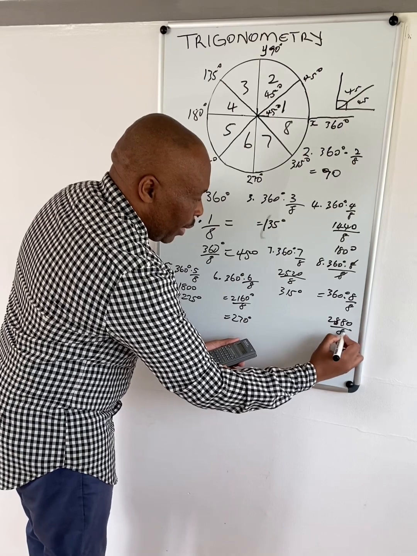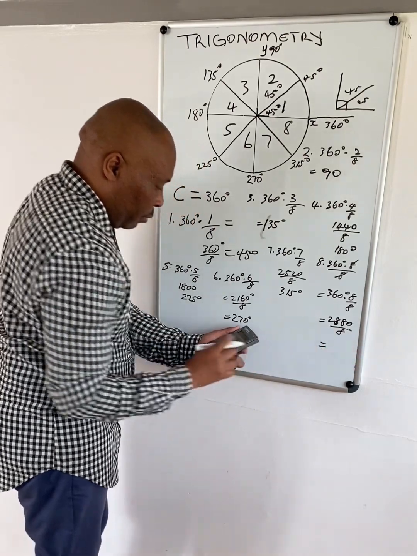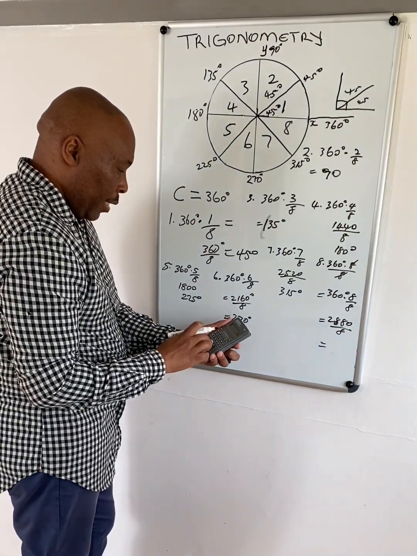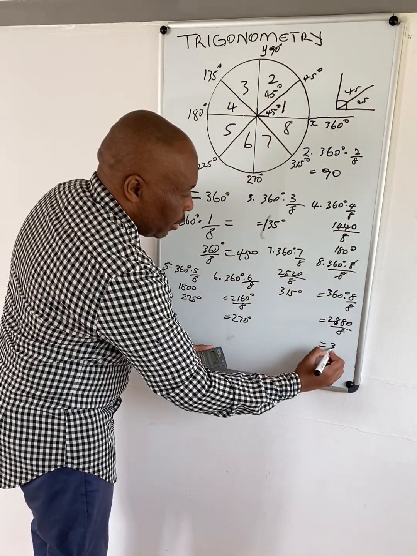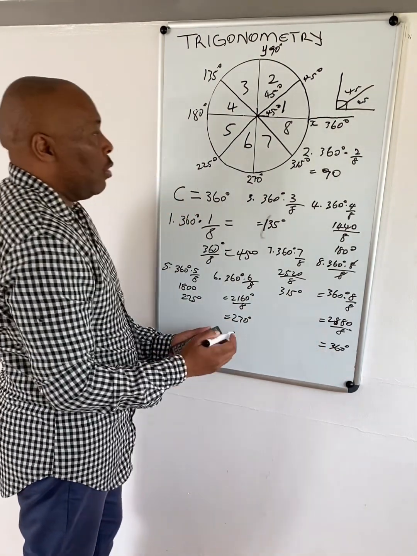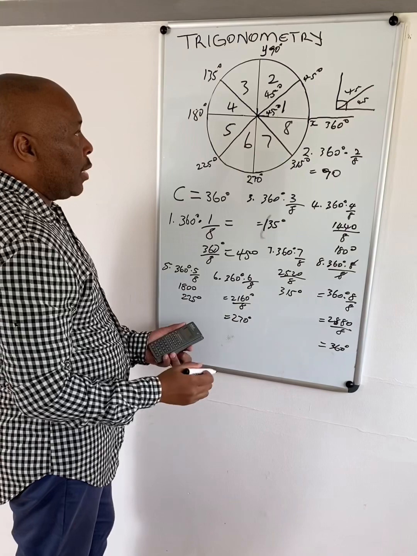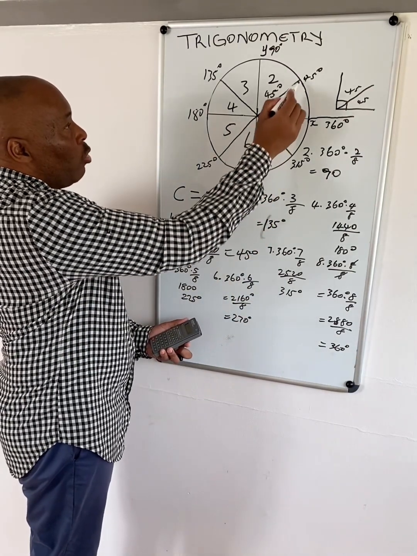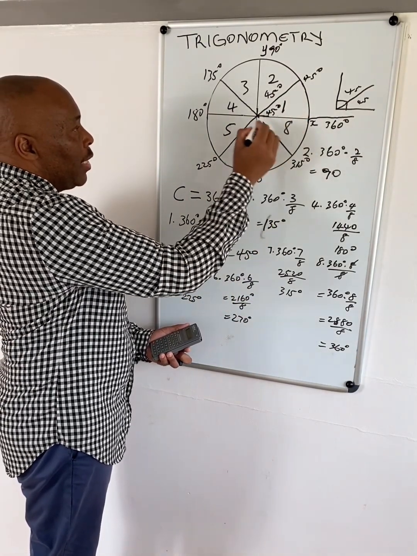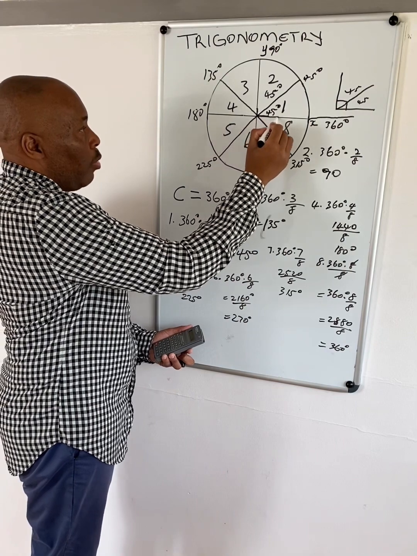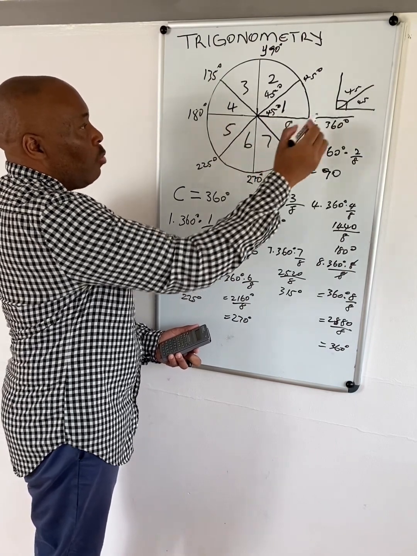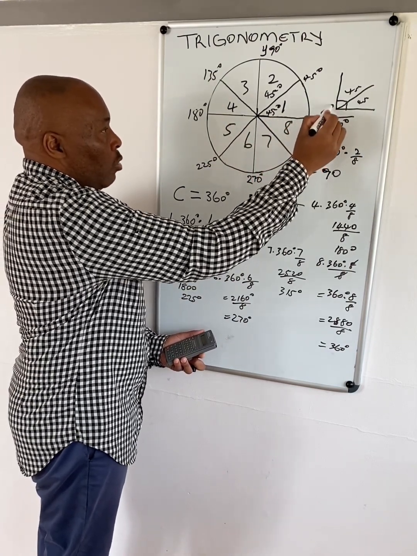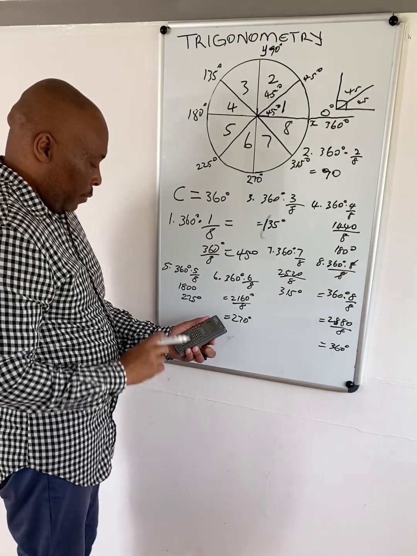We divide it by 8, we get 360. So here is where we get 360. But we know that before we got 45, we had a starting point, and that starting point is here, and it's a 0 point. Therefore here we've got 0 degrees.